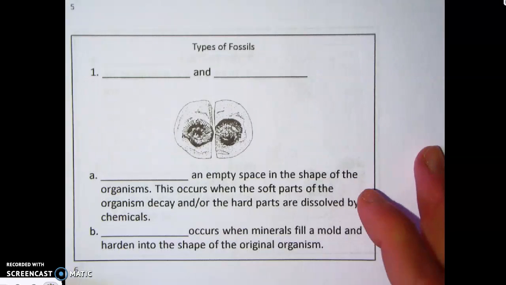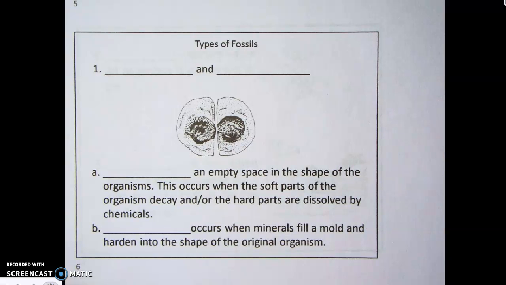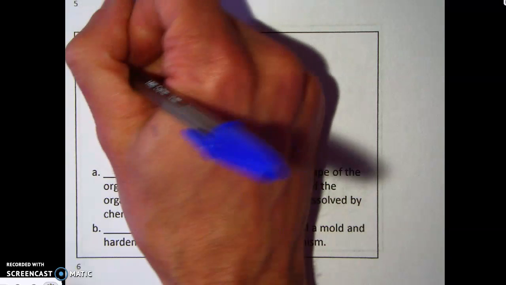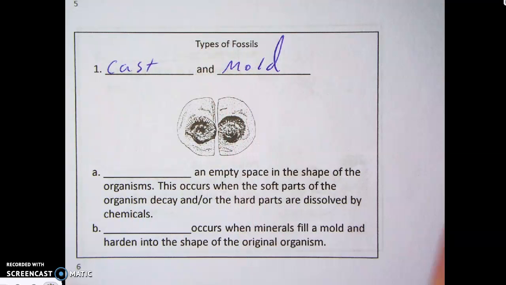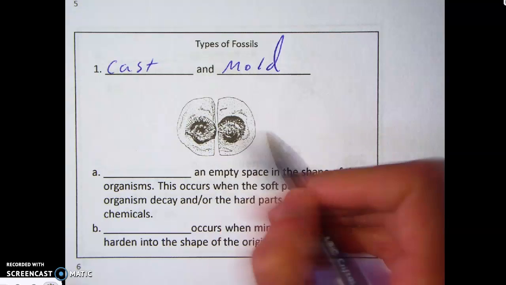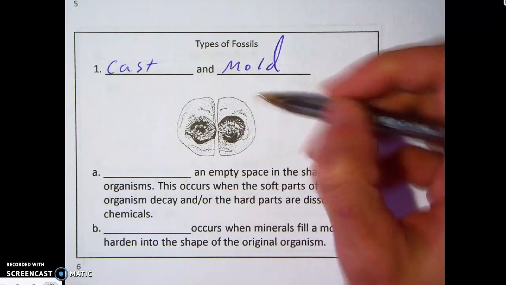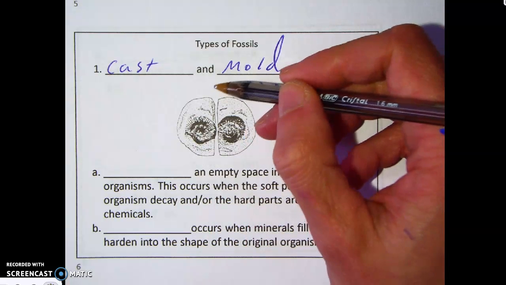Now, when a fossil does form, sometimes what we see, and I might have an example of this, I have to look, is what's called a cast and a mold. Well, when this happens, sometimes we have an organism die and it gets buried, and sometimes, if we're careful, we can take a rock and split it in half.